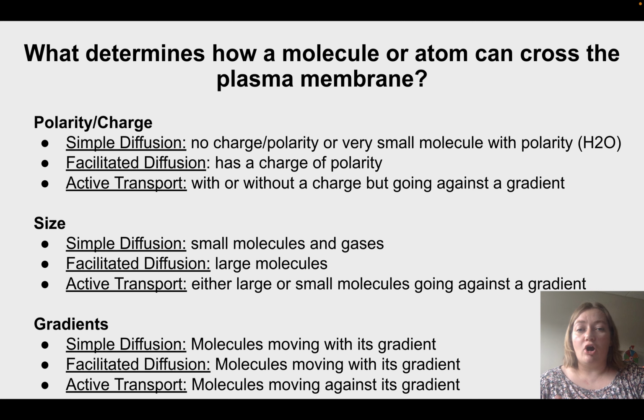If you're a very small molecule or a molecule without a charge, you can likely use simple diffusion. And if you're a molecule, no matter the size, moving against your gradient, you're going to have to use active transport. In our next lecture, we'll elaborate on osmosis, but we will also practice these different types of transport across our plasma membrane.